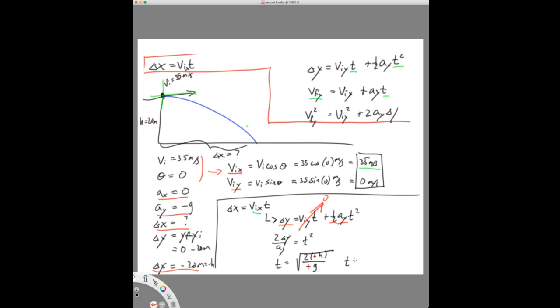And we have T equals the square root of 2H over G. Any questions so far? Remember, I'm going to keep insisting that we work with symbols as much as possible. This becomes more and more important as we go. So I'm going to copy this and put it on the next page so we can continue.